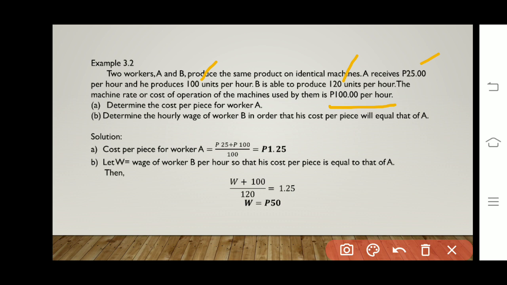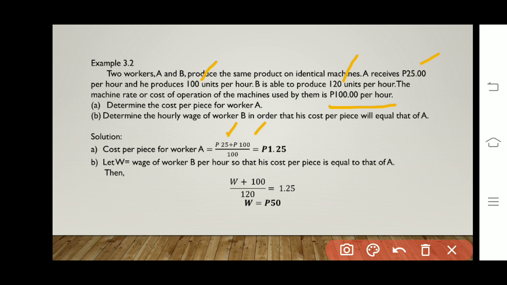So, letter A, determine the cost per piece of work for worker A. So, ilan ba yung inaabot na cost per piece ng kay worker A. So, paano ba yun? So, ito siya, 25 pesos plus 100.